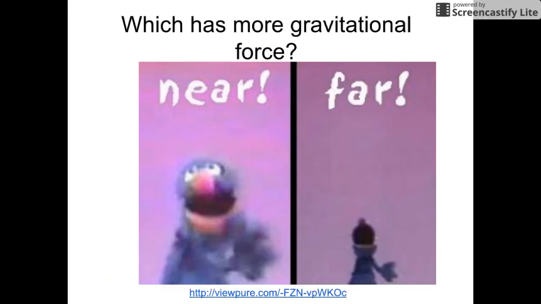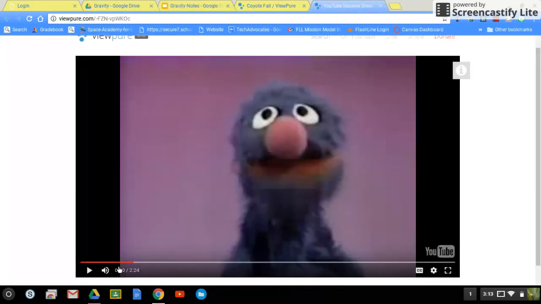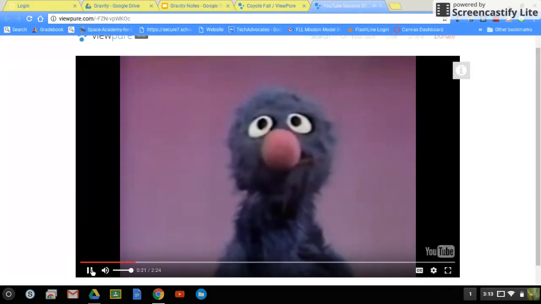Now, when we look at the distance between the objects, we're going to get some help from our friend Grover. Hopefully you didn't think this was Elmo. This is Grover. He's going to show us near and far. So right now he's far away. This is far! So he has less gravitational pull.